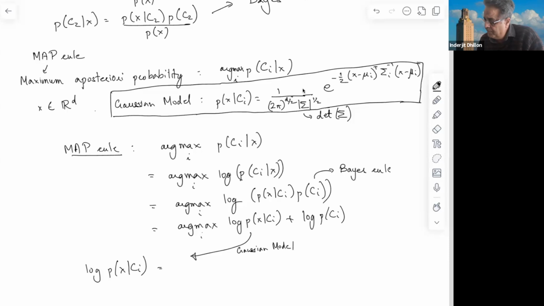It is going to become equal to minus d by 2 log of 2 pi minus 1/2 log of the determinant of sigma i. And taking log of this is minus 1/2. This is why we took log, so that this term becomes simpler. And this is the quadratic form.